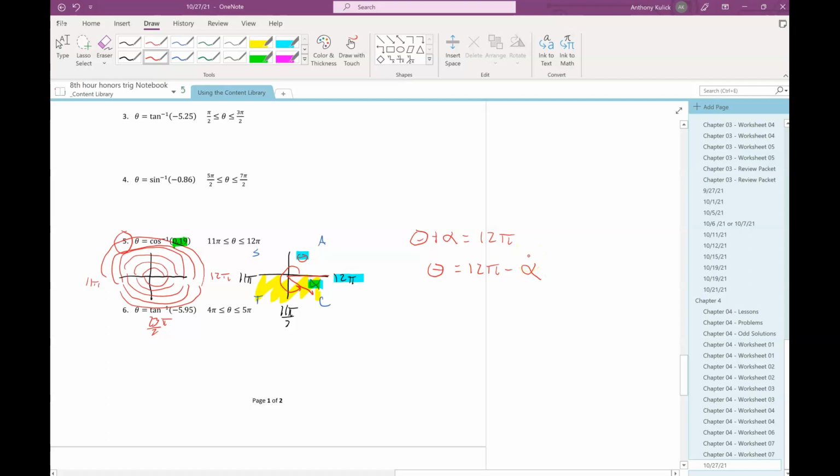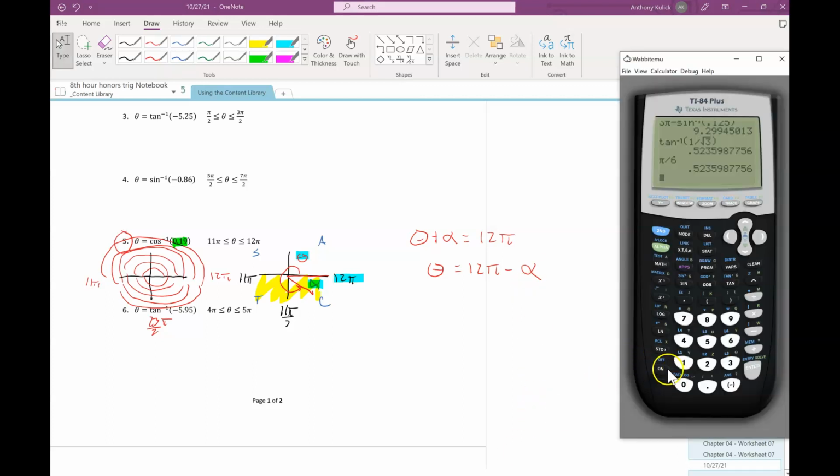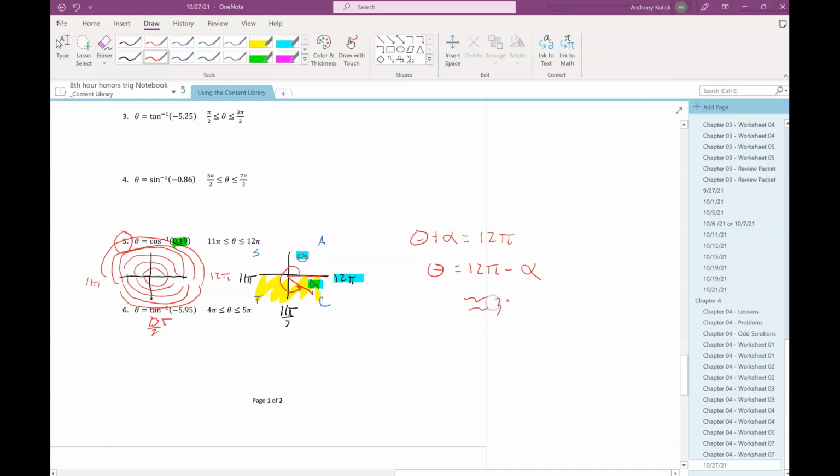You can think about it that way also, same difference. So we just go to our calculator now. Do 12 pi minus cosine inverse of 0.19. And 36.32 is our answer.